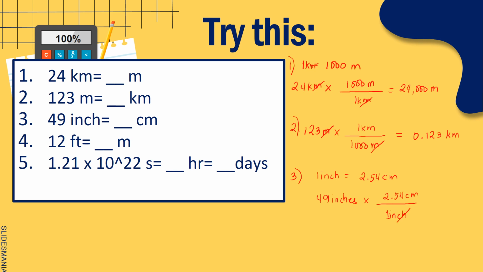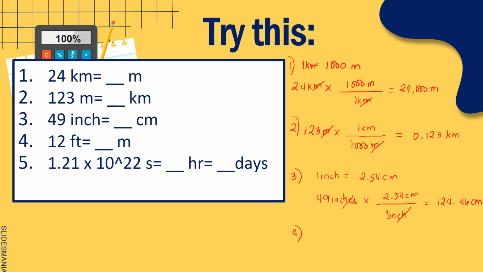So cancel inch to inches. That is 49 times 2.54 centimeters is equal to 124.46 centimeters. So 49 inches to centimeters is equal to 124.46 centimeters.